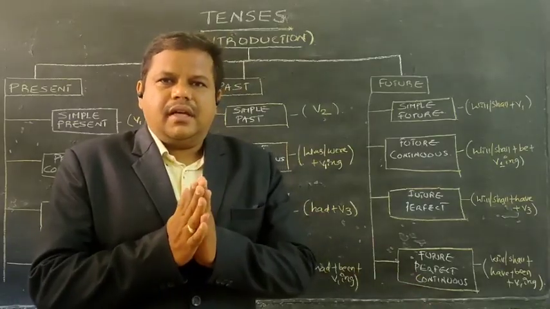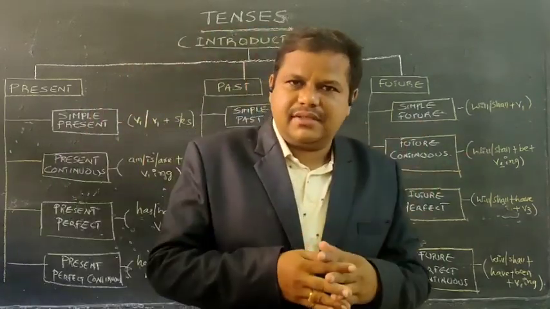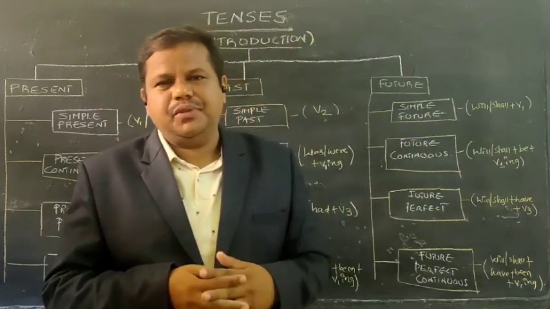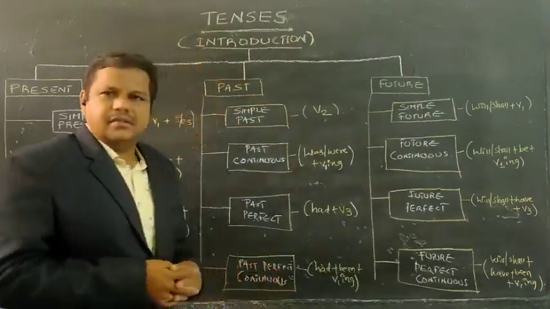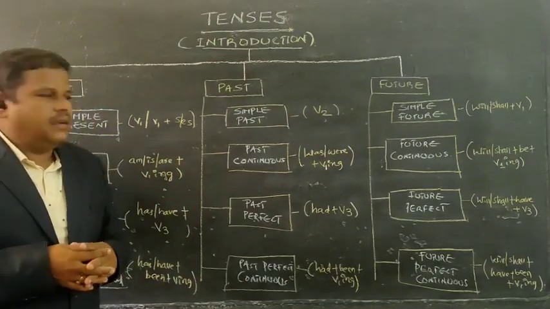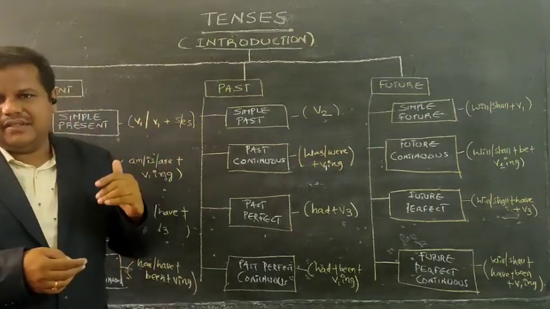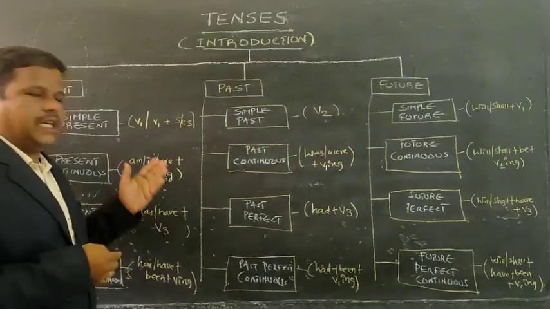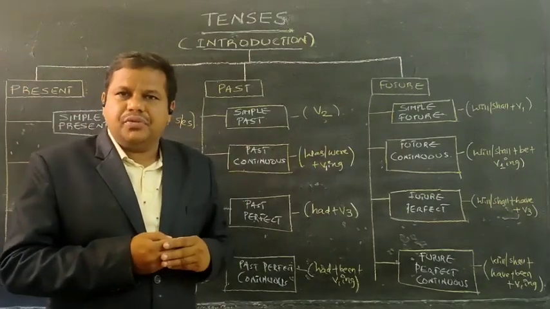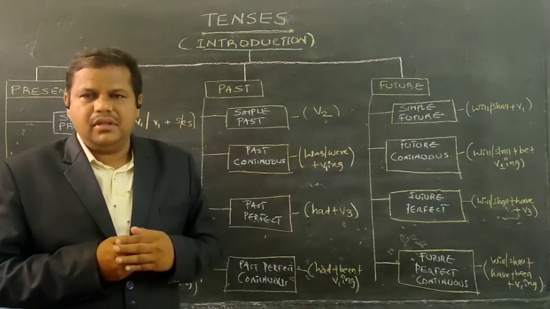Students, just now we talked about times being classified into three in the tenses, right? The present tense, past tense, and future tense. And we discussed that we have four types of states: simple or indefinite form, the second one continuous or progressive form, the third one perfect, and the fourth one perfect continuous or perfect progressive form.